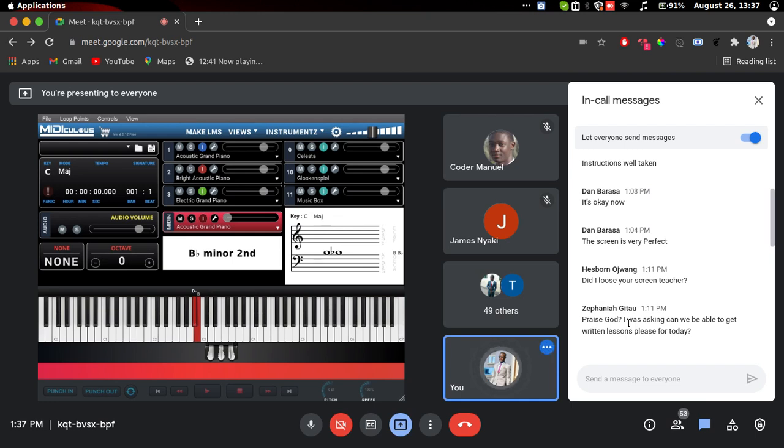Whole steps, or tones, are the distance between two half steps. If I am here, I will move two half steps: half step 1, half step 2. The distance between B flat and C is a tone. The distance between F and G is a tone.